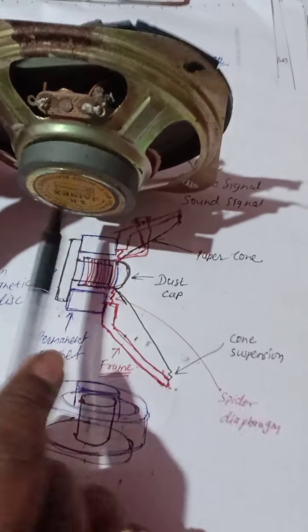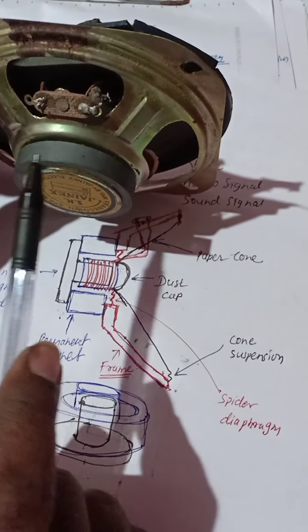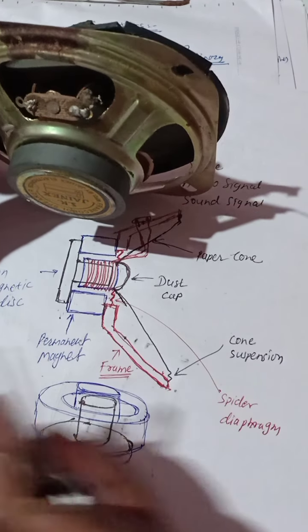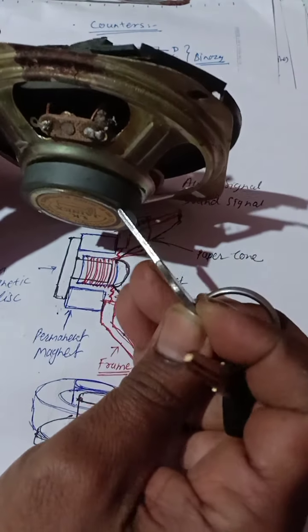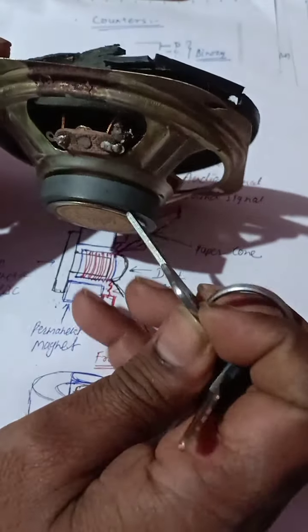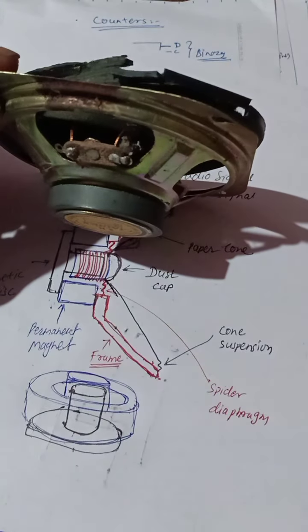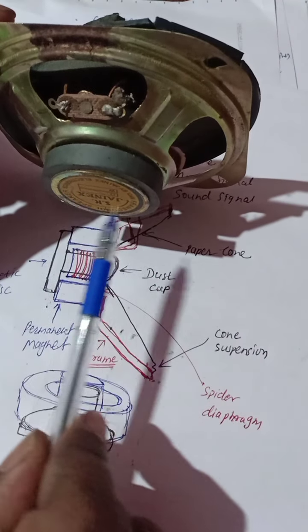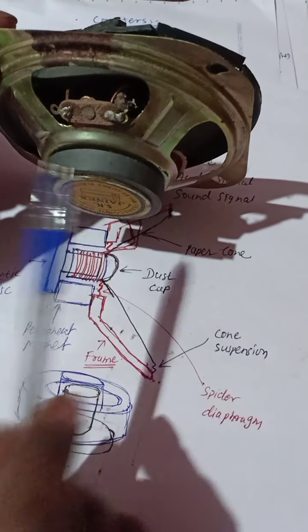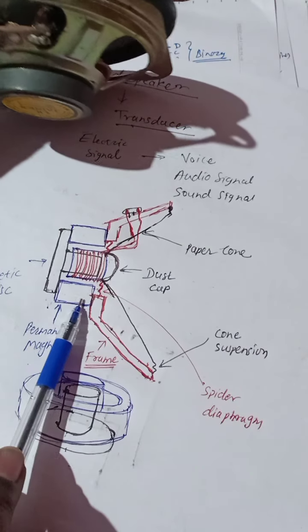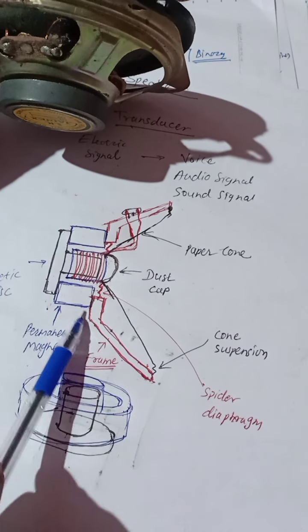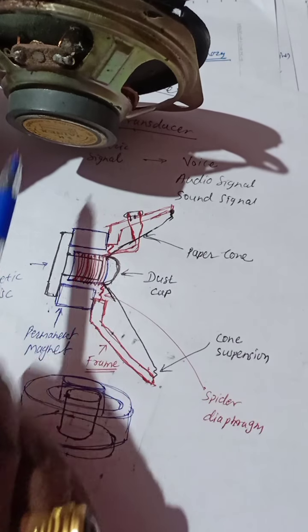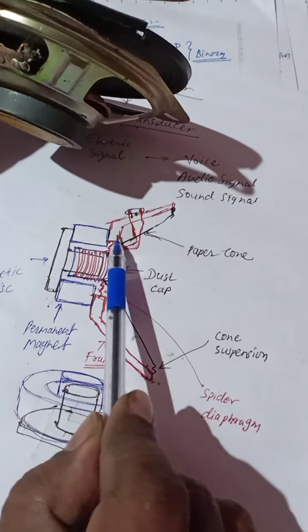This black is a magnet, which is pasted here. This is a magnet ring, a permanent magnet, and this is a disc.